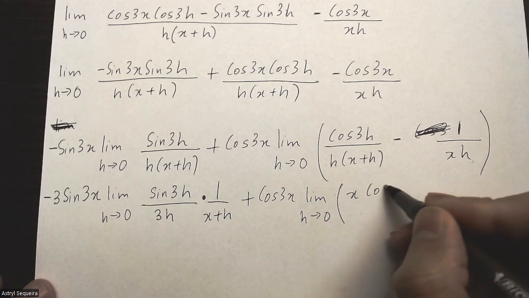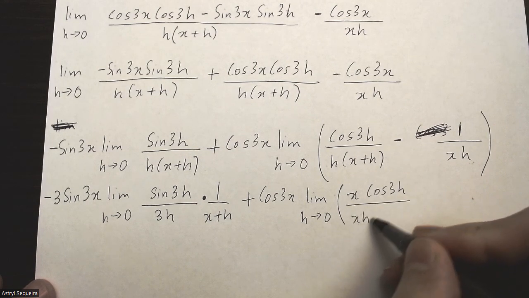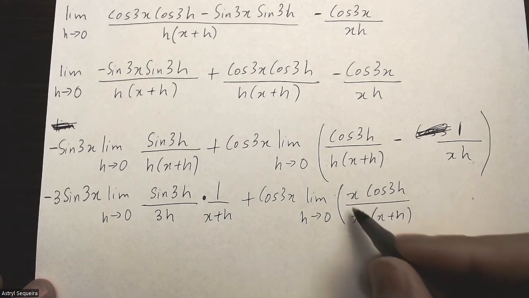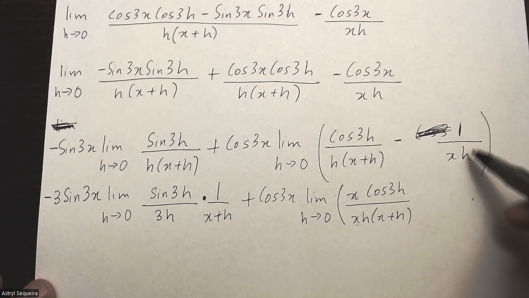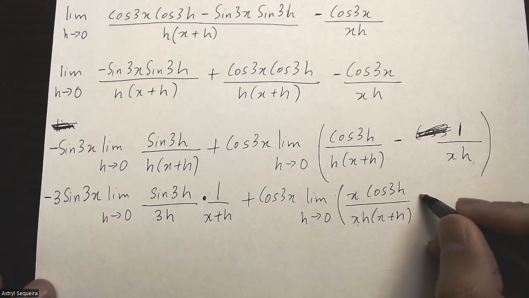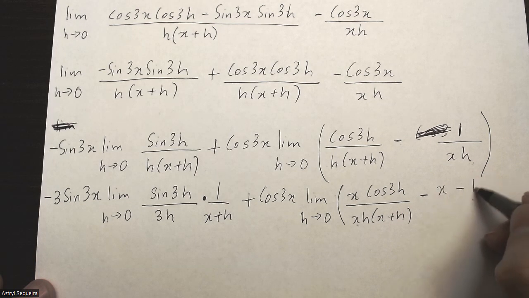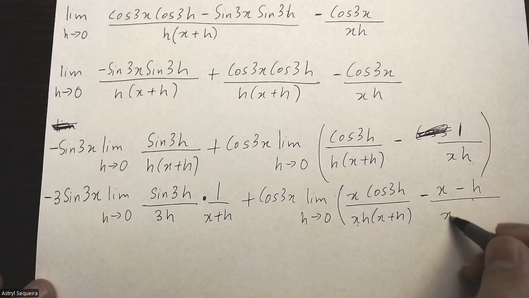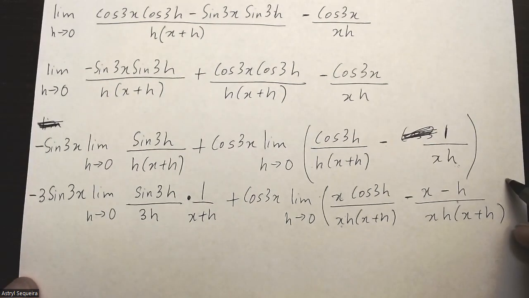So I have x cos 3h over xh times x plus h. I just multiplied x on the top and bottom. And if I multiply x plus h on the top and bottom here, and I distribute the negative into the bracket, I have minus x minus h divided by xh times x plus h.